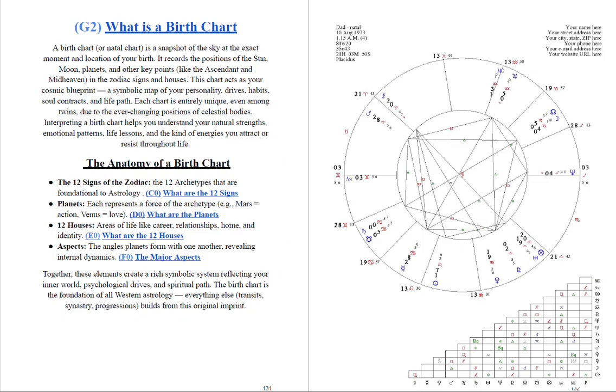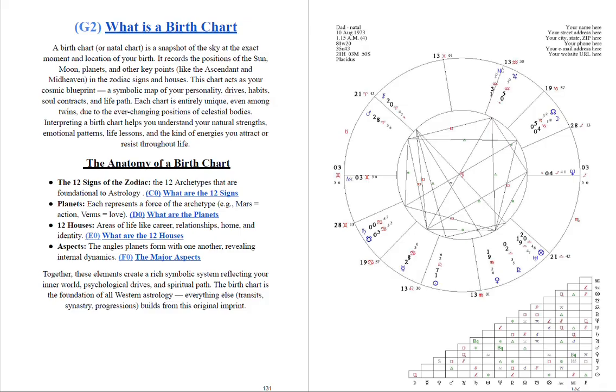A birth chart or natal chart is a snapshot of the sky at the exact moment and location of your birth. It records the positions of the sun, moon, planets, and other key points like the ascendant, midheaven, in the zodiac signs and houses. This acts as your cosmic blueprint, a symbolic map of your personality, drives, habits, soul contracts, and life path.